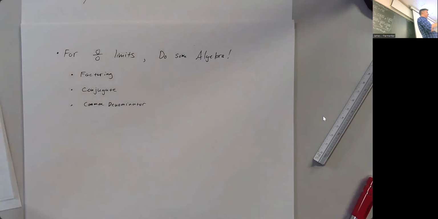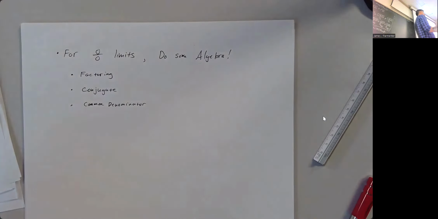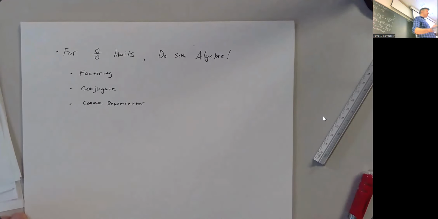Questions about what we've done so far? So those aren't the only kinds of 0/0 limits. There are other ones as well. I should just double check though.